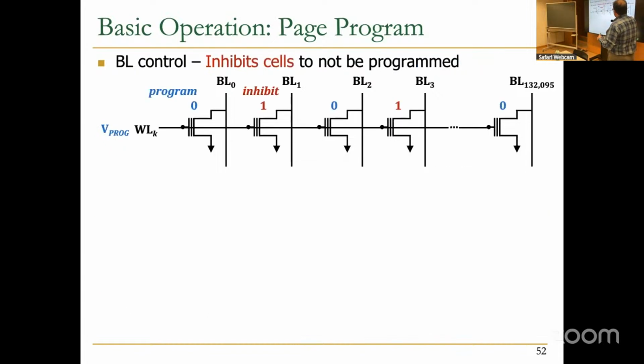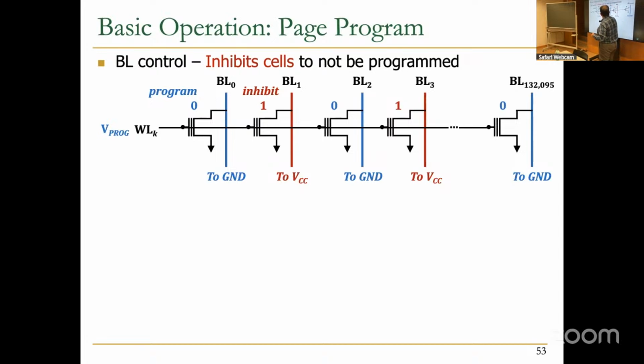There is another important, interesting feature in NAND flash circuitry: you can actually control the bit line, and you can inhibit cells from being programmed. For example, assume that you want to write this pattern 0 1 0 1 0. You know that when it's already erased, I'm storing 1, so I don't need to program, for example, this flash cell. There is a way to do that by inhibiting these cells.